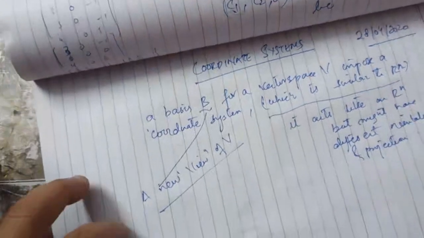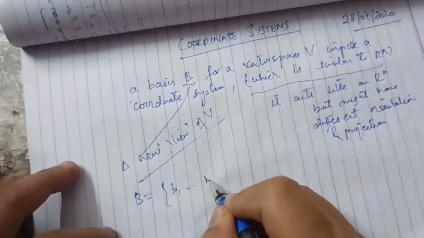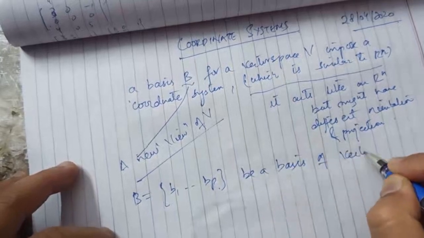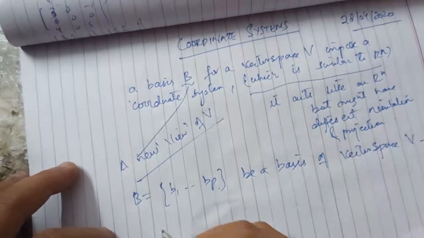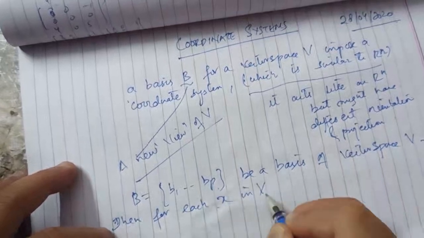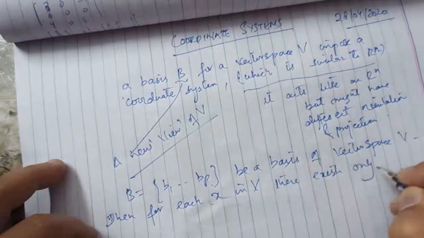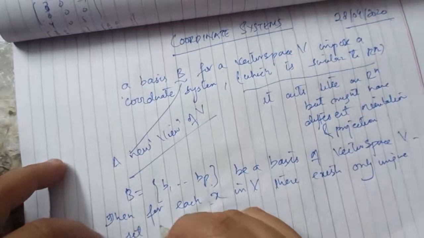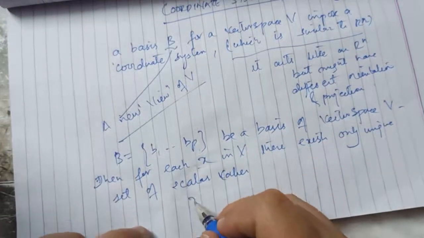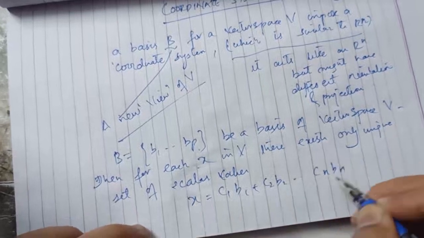So we first define the uniqueness theorem, which says that if B is a set containing P vectors, a basis of some vector space V, then for each x in V, a vector x in the vector space V, there exists only a unique set of scalar values with which we can say x is equal to c1 b1 plus c2 b2 up to cn bn.